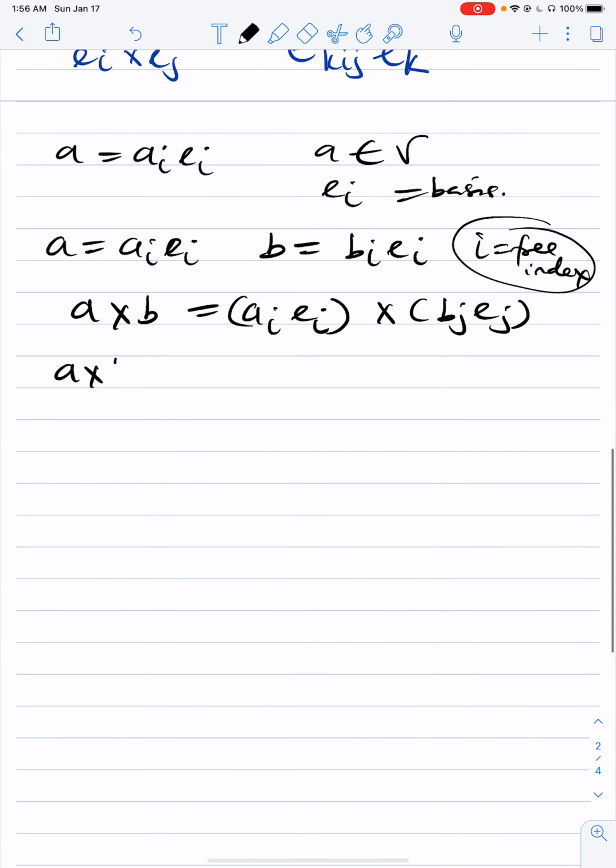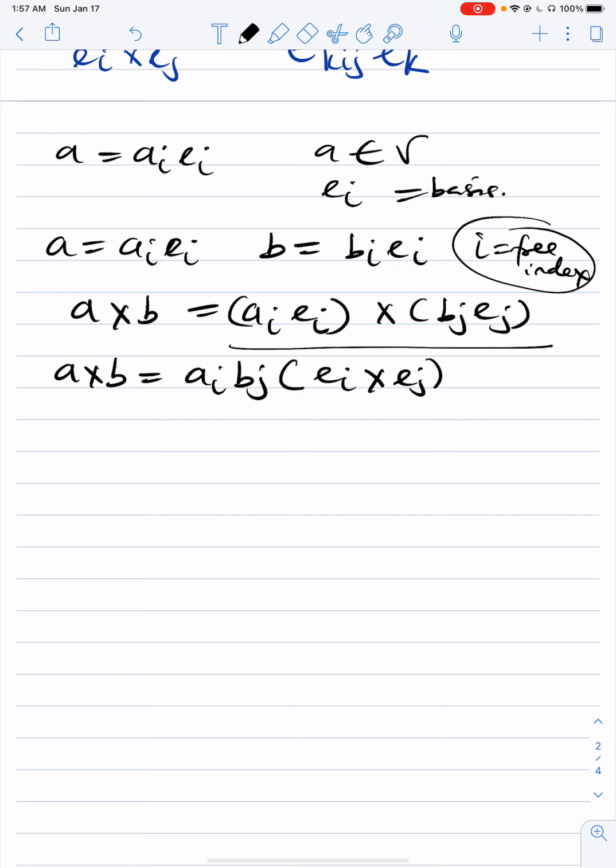So A cross B is equal to, let's simplify this expression further. A_i B_j, this e_i cross, sorry, not times, cross e_j, right? So A cross B is equal to A_i B_j.